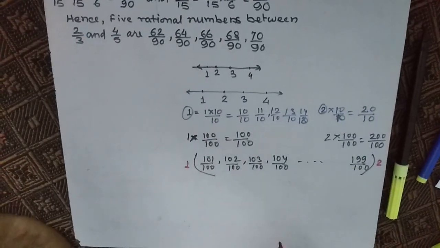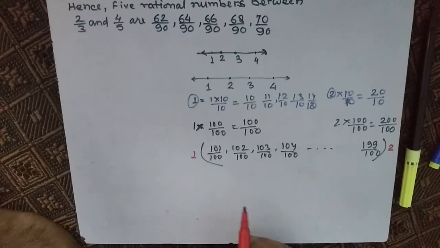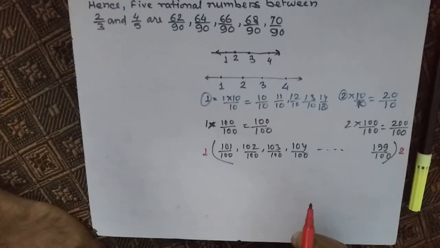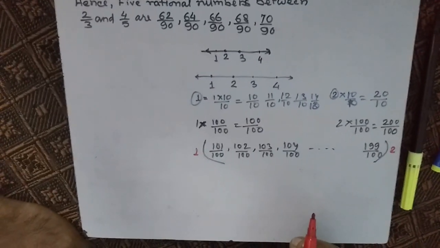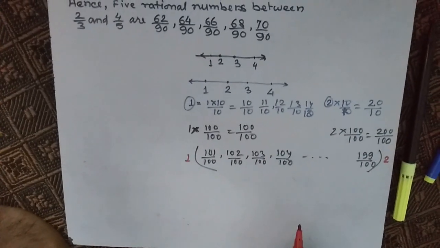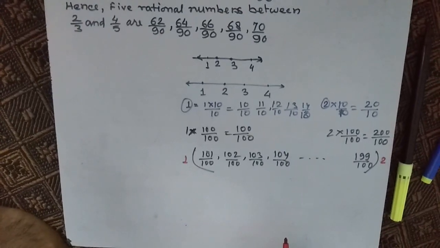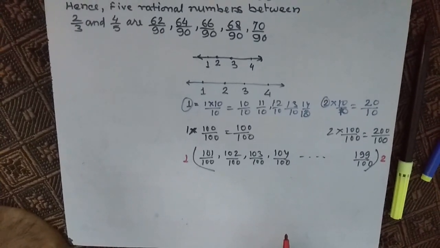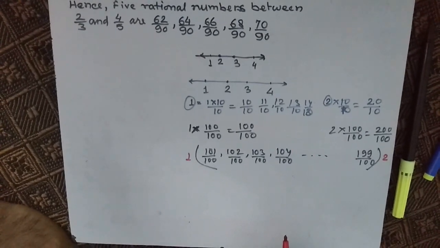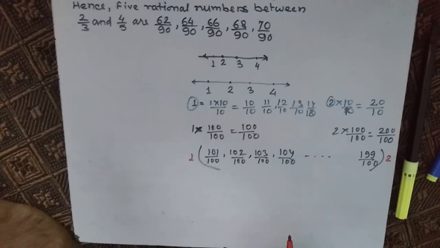Then from this we can conclude that in between two rational numbers there are uncountable, that means infinite, rational numbers. That means we have seen in between two rational numbers, the possible rational numbers are not definable. Uncountable rational numbers are there in between two given rational numbers.